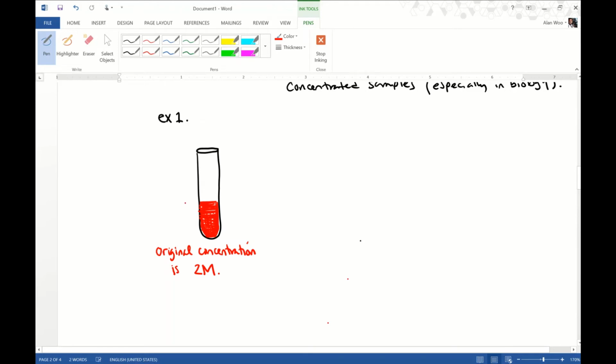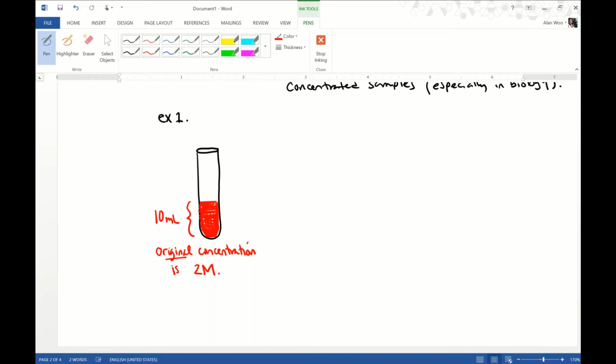And I'm also going to note that we have 10 milliliters of it to begin with. So this is the original. Now I want to dilute this. Okay, I want it diluted by a factor of 10.